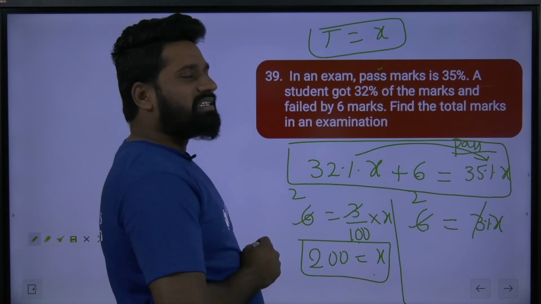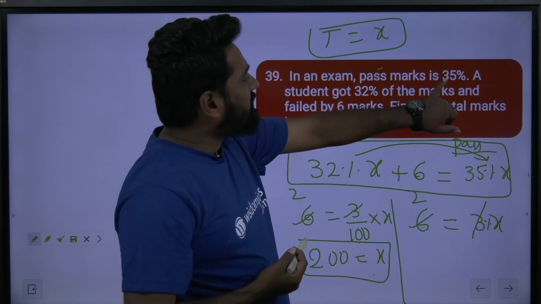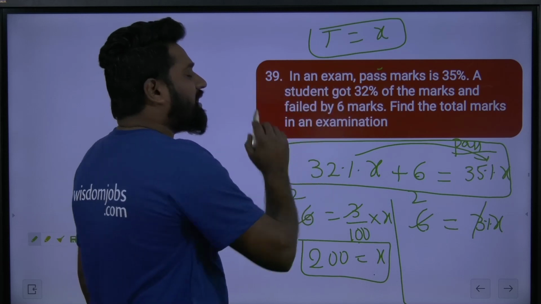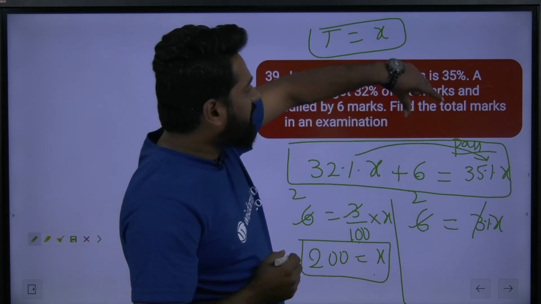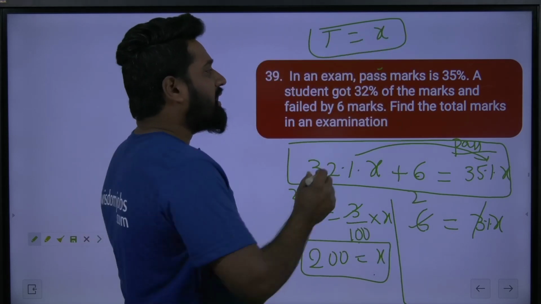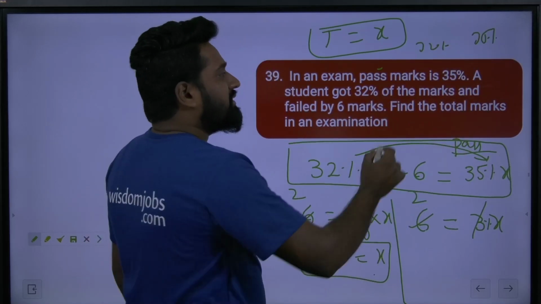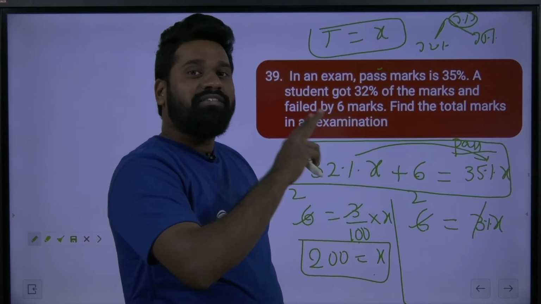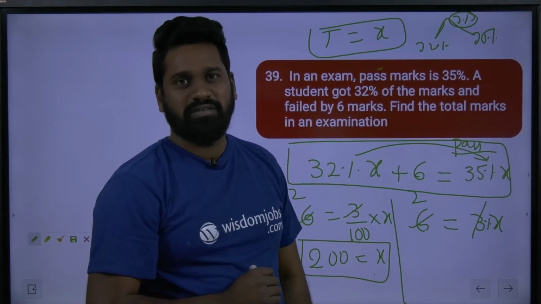Or here, instead of taking x, how can you do that? Here the person has to get 35% marks, and here he got only 32% of the marks. Is it clear? So this difference indicates difference of 6 marks, because here 32% he got, here he got 35%. This is the different 3%, which indicates the difference of marks he has to get to pass the examination.